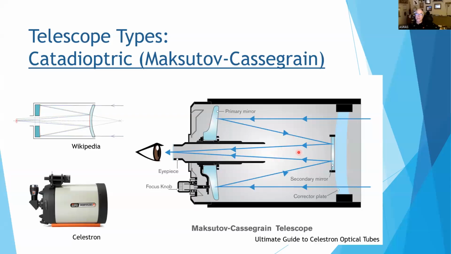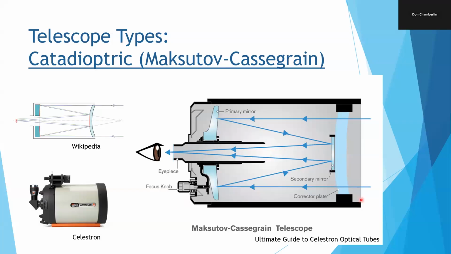But it causes the focal length to be way out here, so it extends the focal length. That's why these are so efficient in achieving a long focal length without having a very long optical tube assembly. I have diagrams that show this later in the talk, Don. Okay. All right.